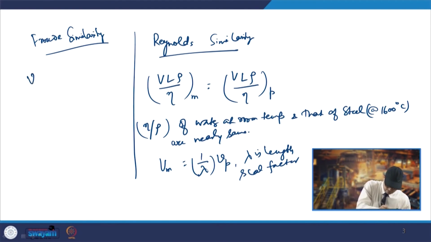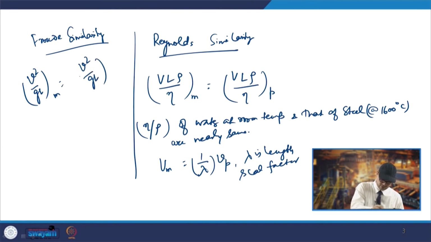So, you have V square upon GL of the model should be equal to V square upon GL of the prototype. Now, as G will be the same, it will cancel. So, you will have a squared term for V of model by V of prototype.